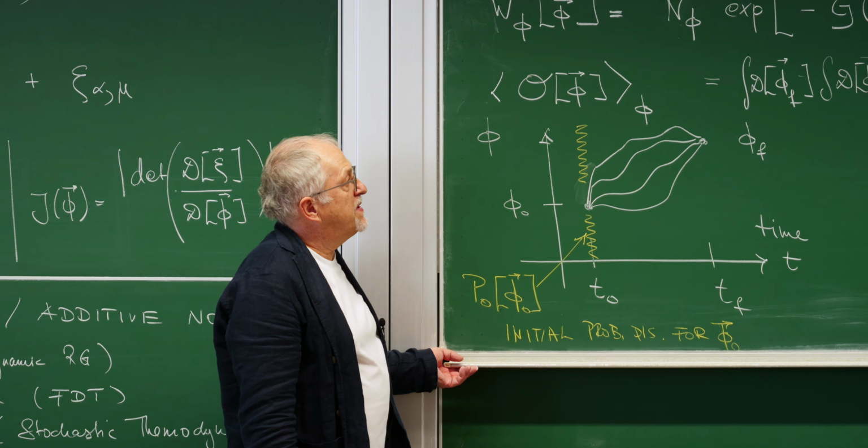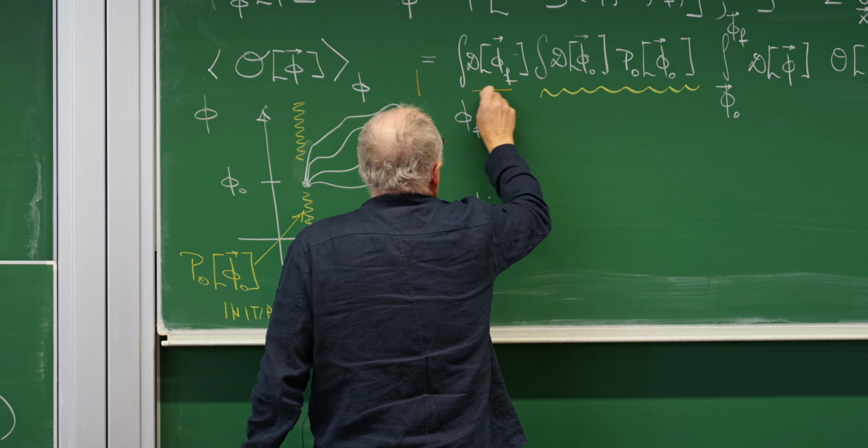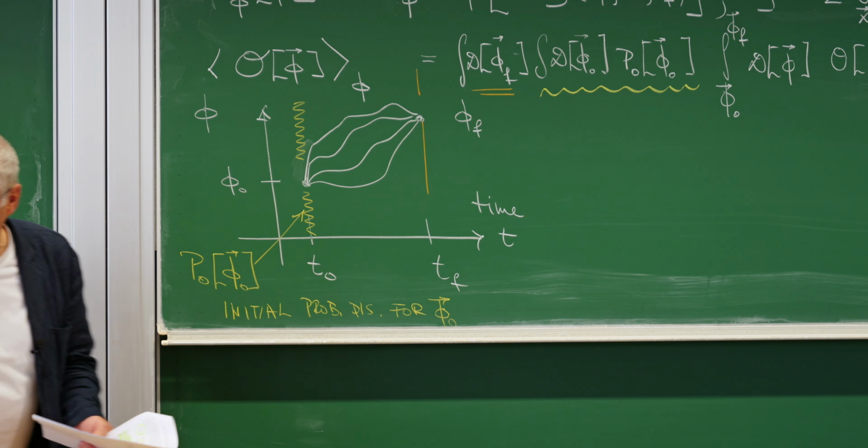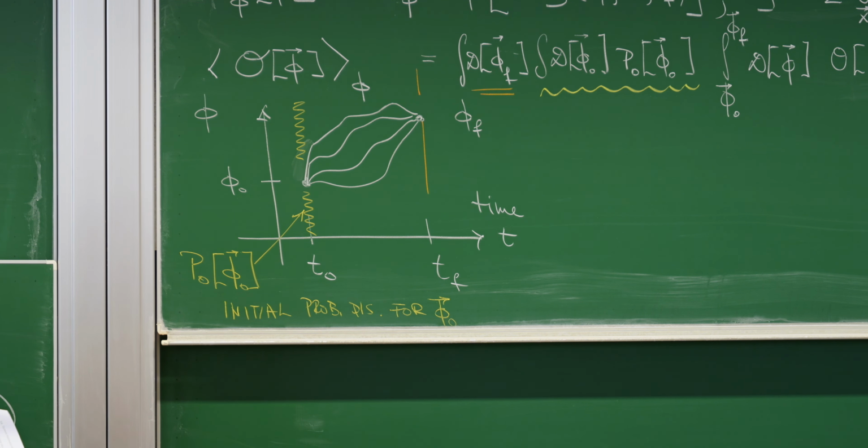Okay. So what we have is these different integrals. You have an integral over the initial distribution. You have an integral here over the final values. And then in between, so here you have the path integral, and that is this distribution that you have here.